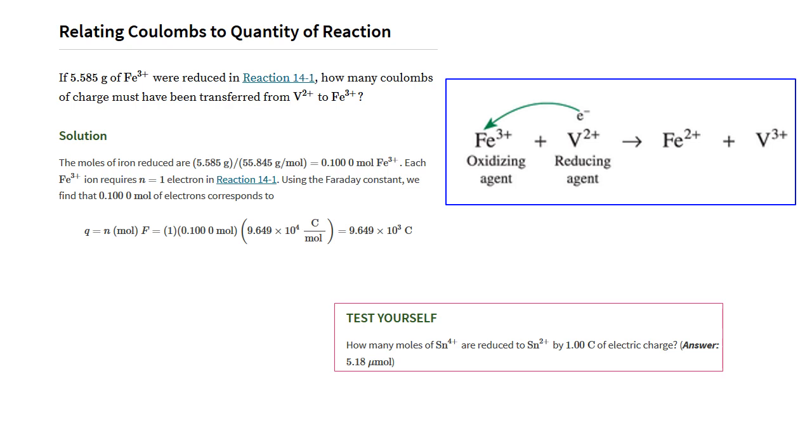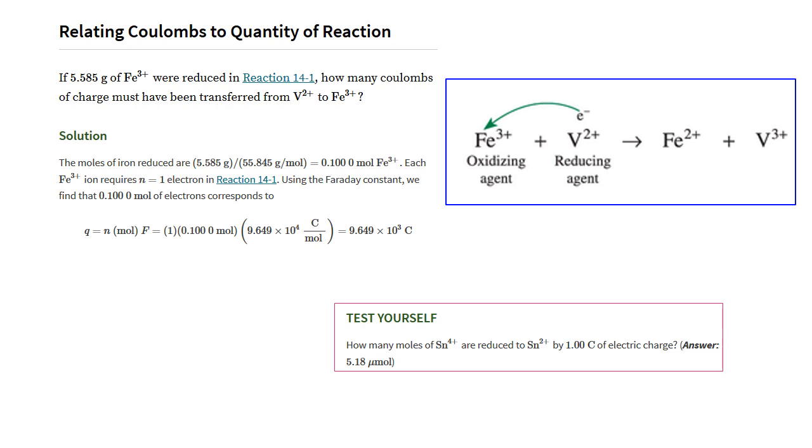So, a quick example of how to relate coulombs to quantity of reaction. If 5.58 grams of Fe3+ were reduced, how many coulombs of charge must have been transferred? First, the moles of iron reduced: take this weight, divide by atomic weight of iron, and you'll find it's 0.1 mole of Fe3+.